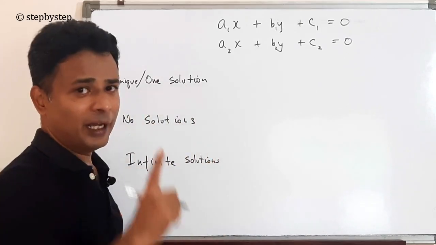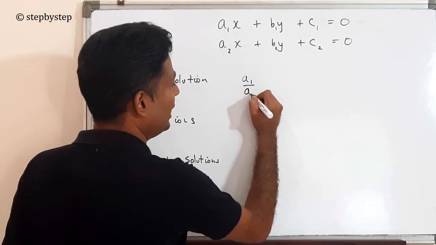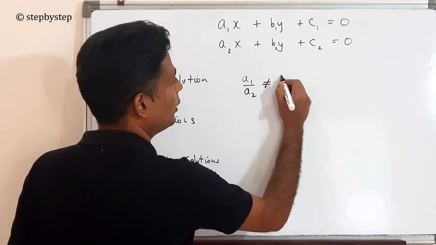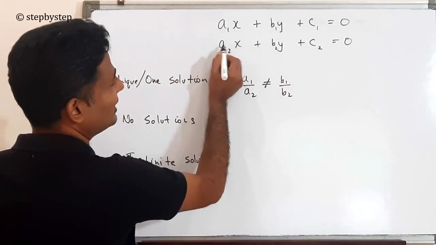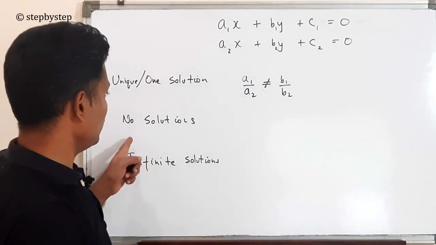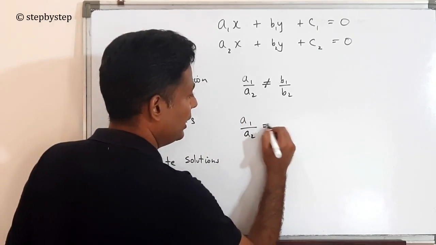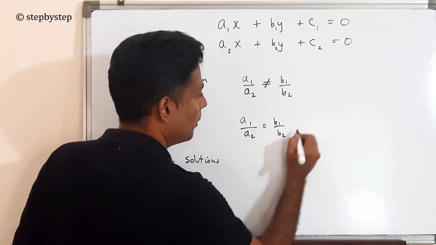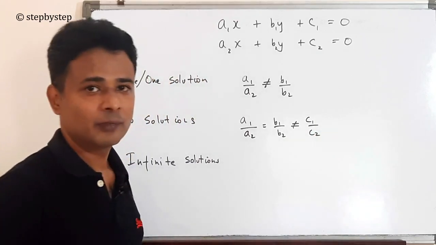In case a pair of linear equations has only one solution, you will find that a1 by a2 is not equal to b1 by b2. So this by this will not be equal to this by this. In case of no solutions, what you will get is a1 by a2 equal to b1 by b2, but not equal to c1 by c2.